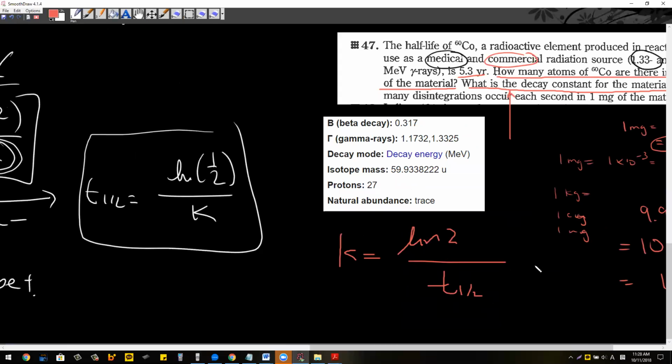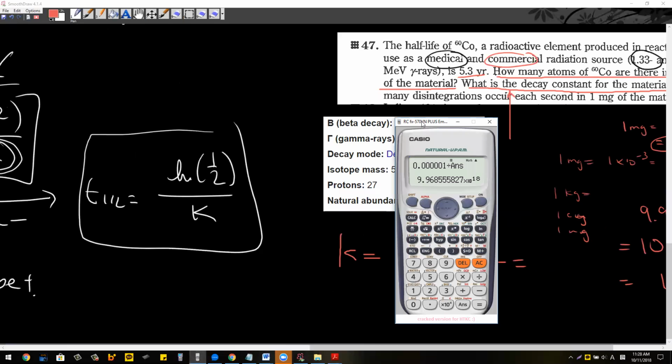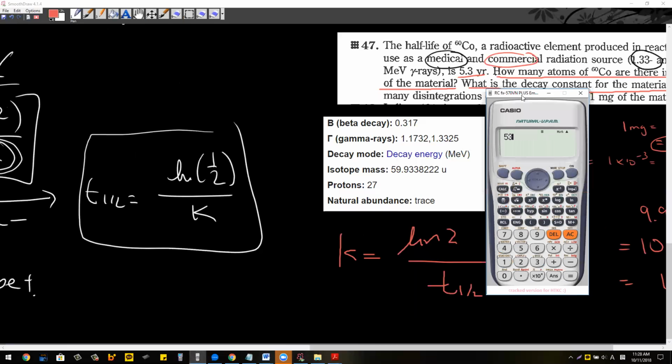So this will be 5.3 times 365.25. Or we can do 365. The reason why I put 25 there is because there's a leap year, when there's one more day.